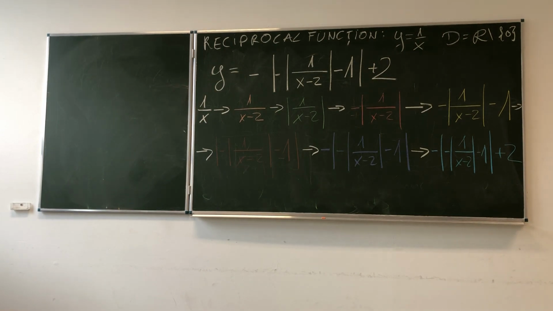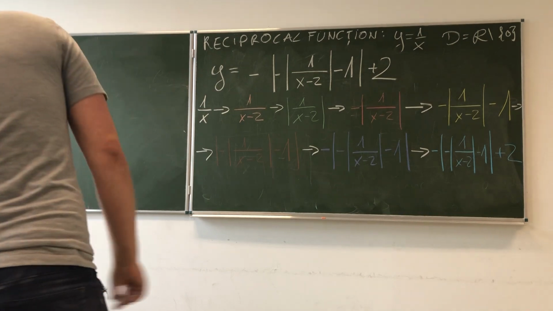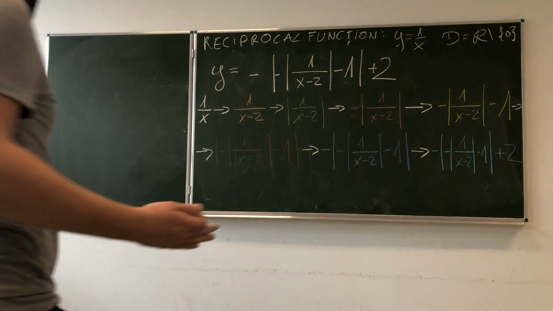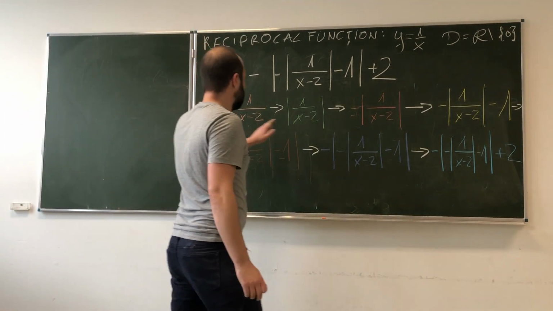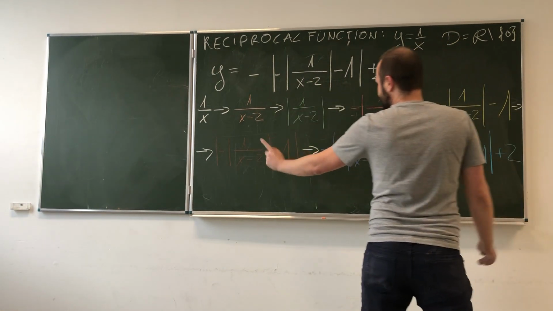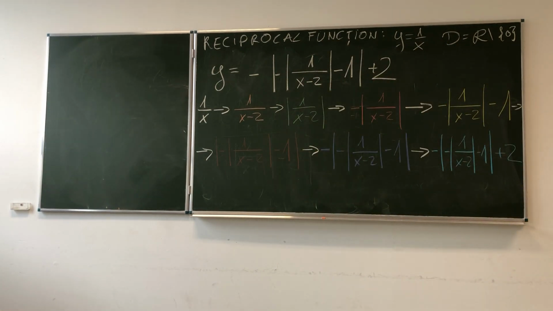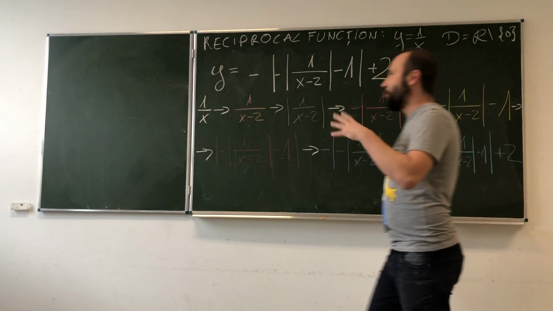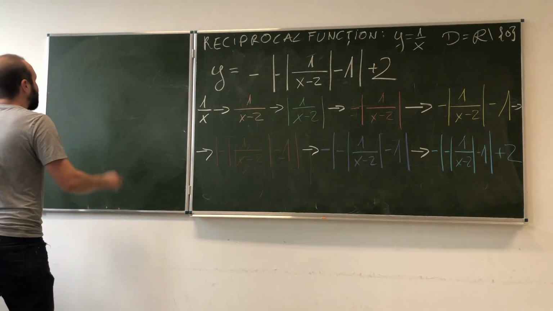So look, this function is definitely somewhat complicated. We've got 1, 2, 3, 4, 5, 6, 7, 8 steps. But still, in each step, we'll have to just use one simple transformation.